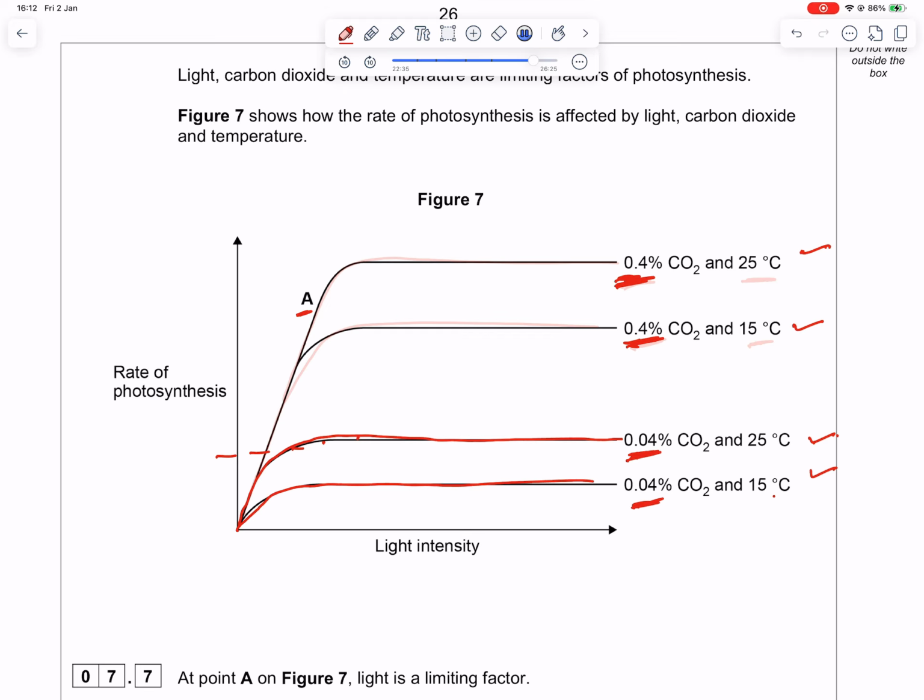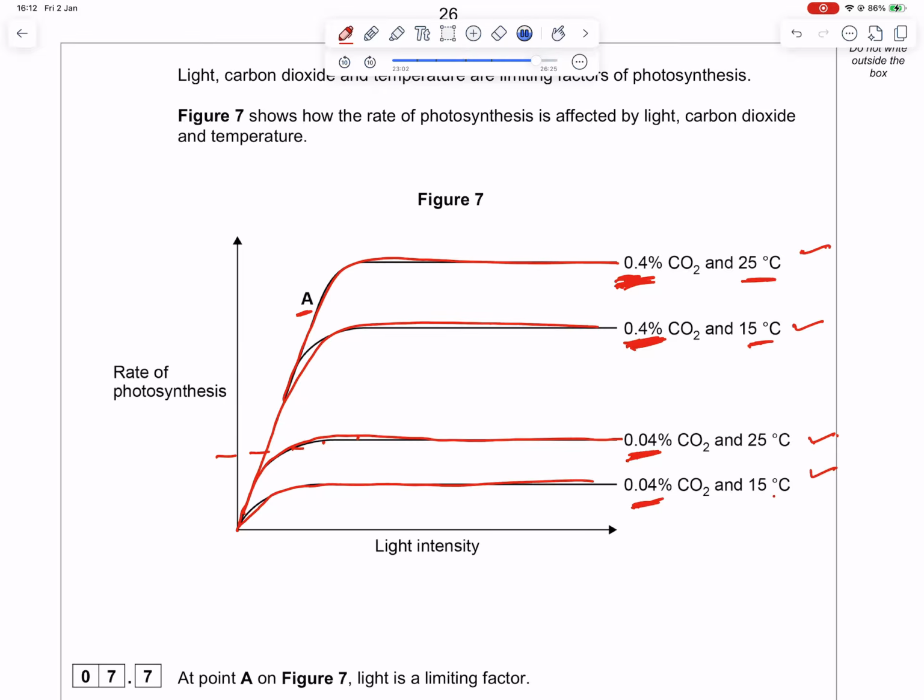Now you have the same temperatures, but you've increased the carbon dioxide to 0.4%. That's almost a 10 times increase. Now you can see that, therefore, the rate of photosynthesis increased as well. And again, at the same level of CO2, you further increase the temperature, then the rate increased, but then it plateaued again.